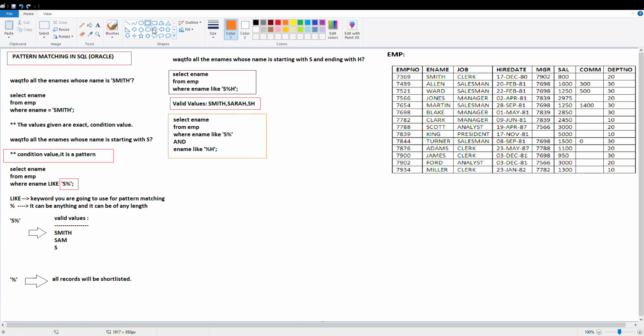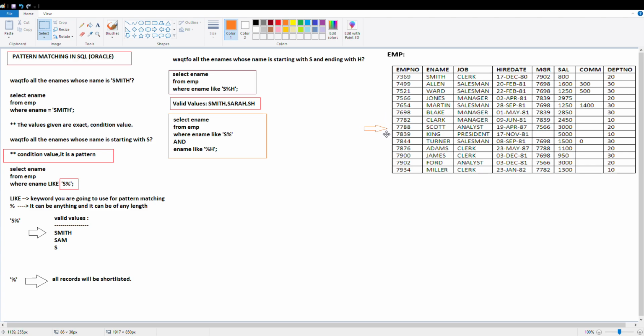How does it get evaluated? Very simple. First it will come to this record. Will Smith get shortlisted? Is the starting letter S and the ending letter H? Yes. So this record will get shortlisted. It will come to the second record. Alan, no, because it's not starting with S. Ward, no. Jones, no. Martin, no. Blake, no. Clark, no. Like this.